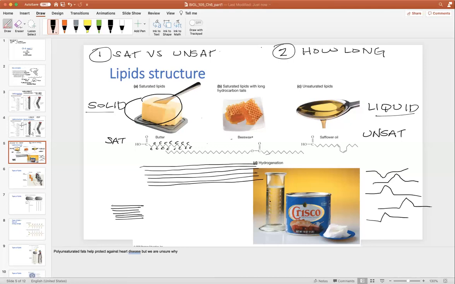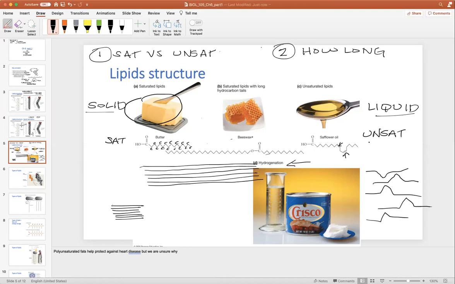Now, the reason that Crisco is pictured for you here is because it's undergone a process called hydrogenation. Crisco is actually made from vegetable oil. You'll know that if you've ever used Crisco, or your grandma's ever used Crisco to bake biscuits, it's called vegetable shortening, and that's because it comes from vegetable oil. So Crisco started life as something like this, but it underwent a process called hydrogenation, where a chemist forced some hydrogens here and broke these carbon-carbon double bonds.